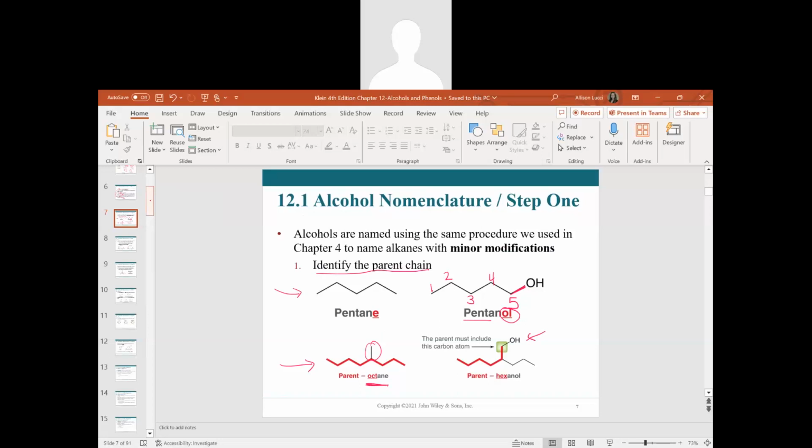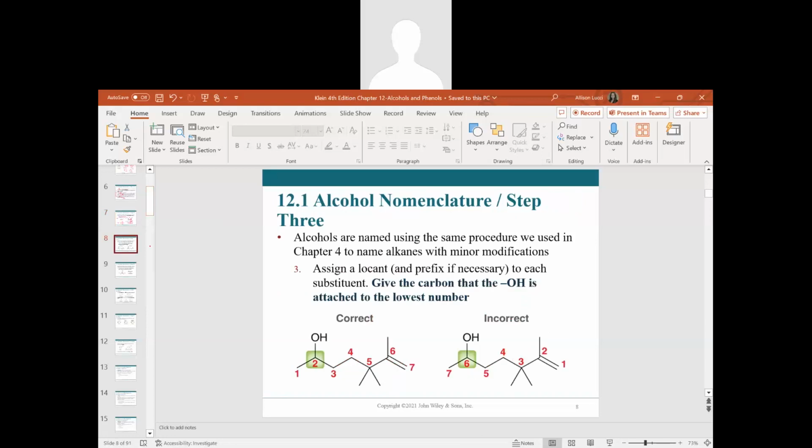Now we would include our numbering in this direction, so we get to 6 carbons, because our parent, if it's named as an alcohol, will need to include that hydroxyl side, which seemed to be part of the side chain, right? This portion here would now be considered a substituent. So we have a parent hexanol, a 6-carbon chain with an "ol."